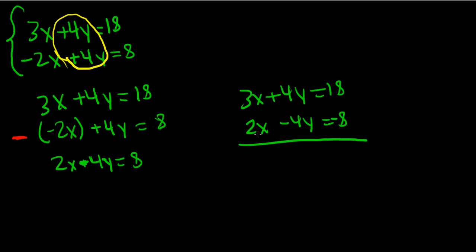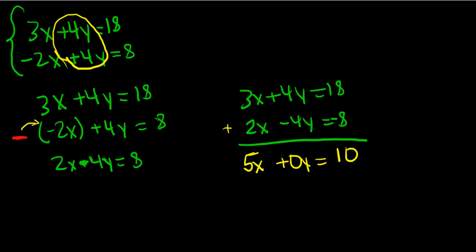Okay, so now we're going to go ahead and simplify. If we have 3x plus 2x, we get 5x. The reason we're adding now is because we've already distributed the negative. 4y plus negative 4y gives us a 0, and then 18 plus negative 8 gives us 10.